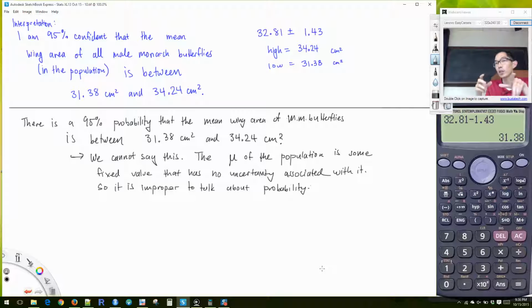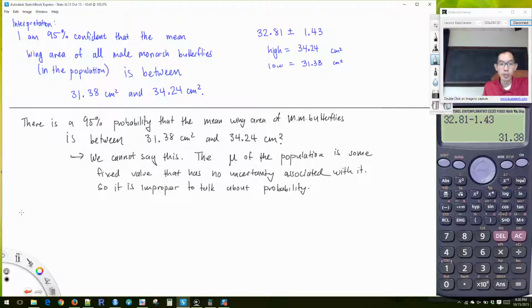In the same way, we don't know whether our sample is a, quote, good sample or a bad sample. We're just saying, based on our understanding of the sampling distribution, we're 95% confident this sample is within 2 standard deviations of the population mean mu. Okay.